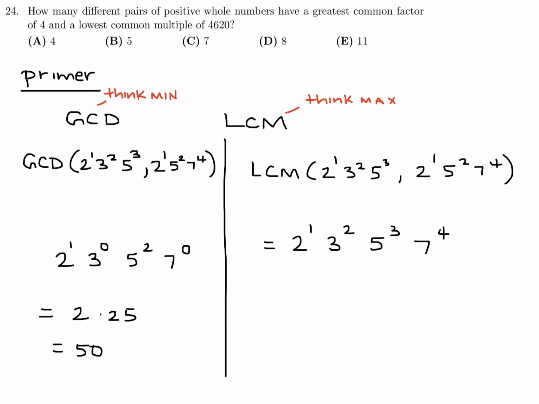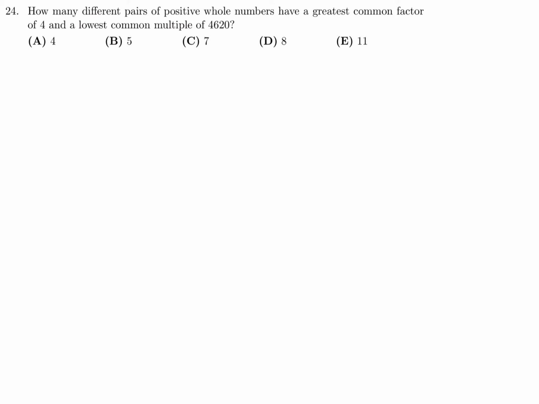All right, so now that you're an expert, let's start the question. So we are asked to find different pairs, so only two numbers, that have a GCD of 4 and an LCM of 4620. So I'll just call the numbers A and B. I have no idea what they are, right?